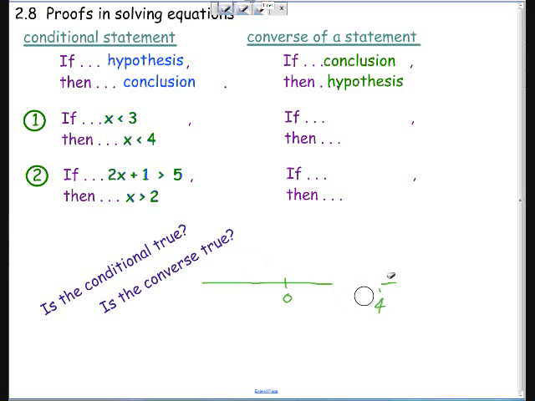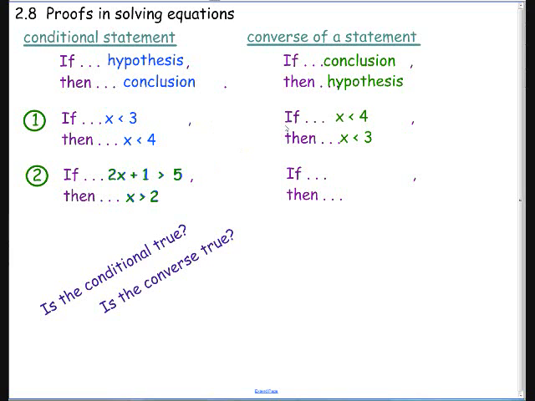I did my little diagram. We'll get it out of the way. We know it's true. All right. What about looking at the converse of this statement?